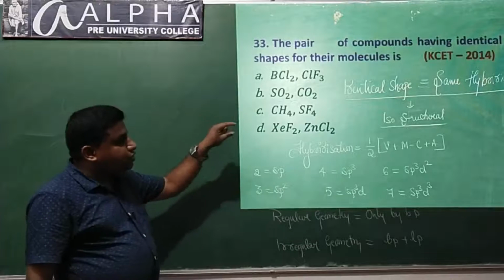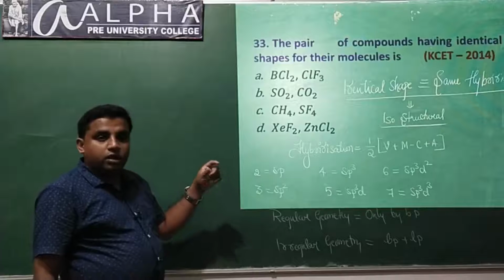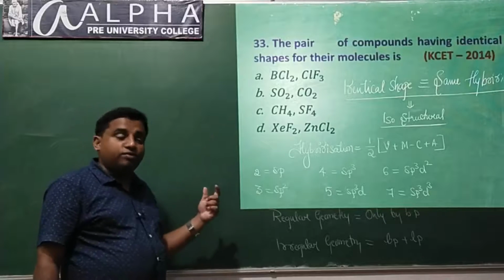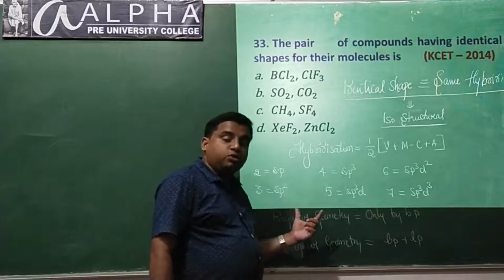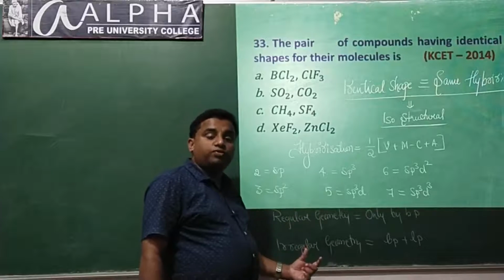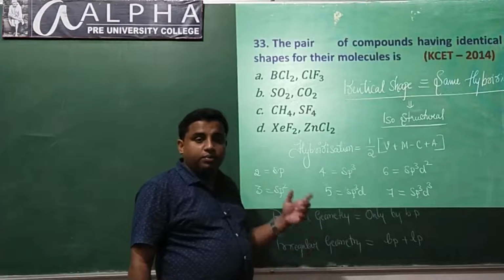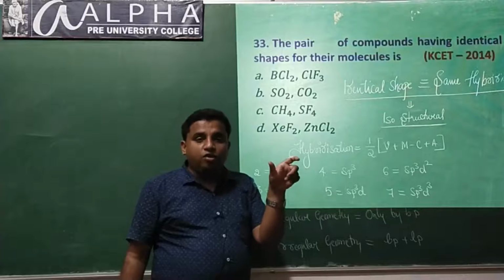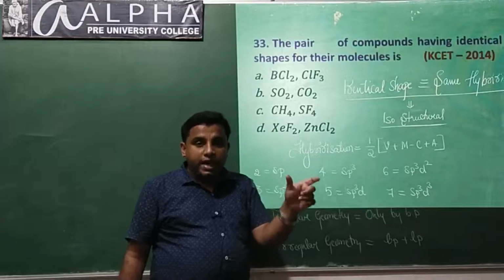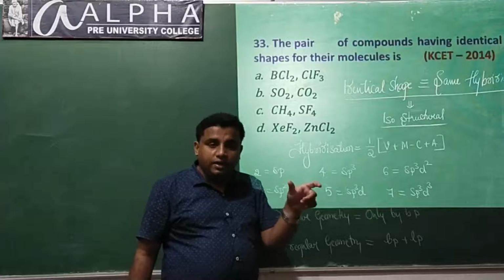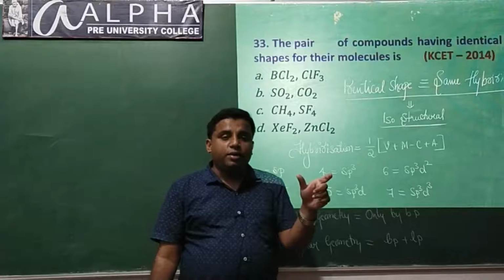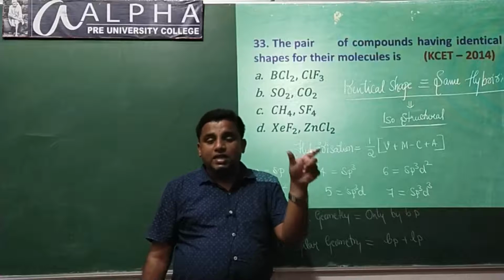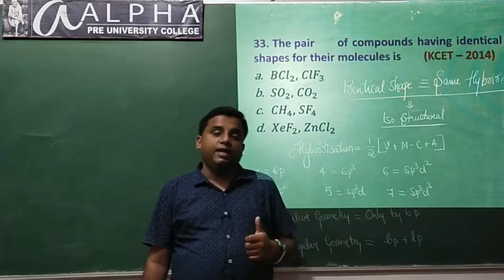For species to have identical shapes, either both of them should have regular geometry or both should have irregular geometry, and they should have the same hybridization. Same geometry, same hybridization, then only we can say identical shape.